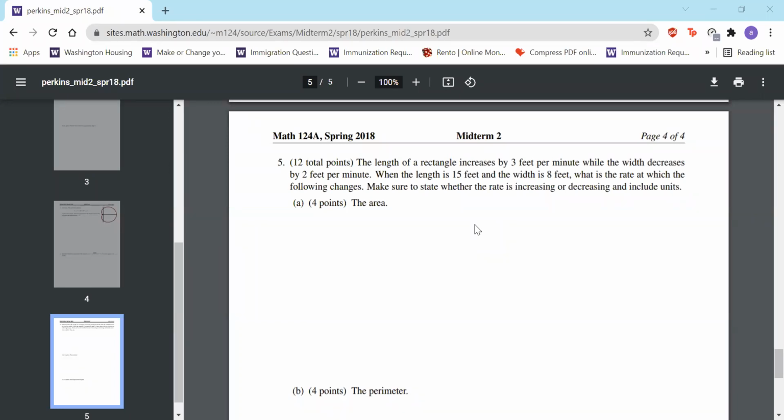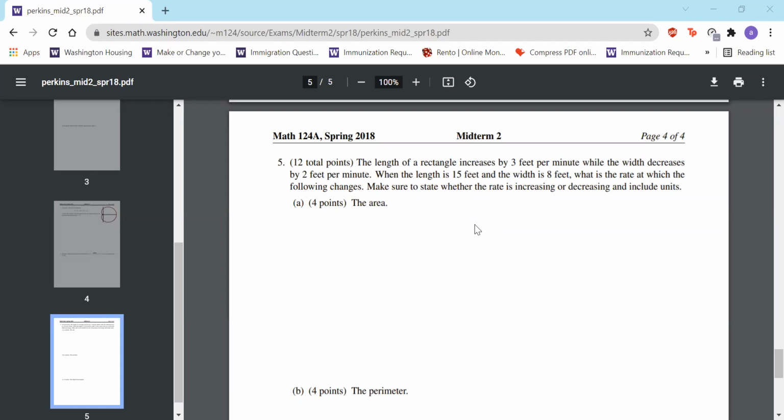We have a rectangle problem. x is the horizontal distance, which is the length, and y is the vertical distance, which is the width. We have A equals xy, and we take the derivative using the product rule.